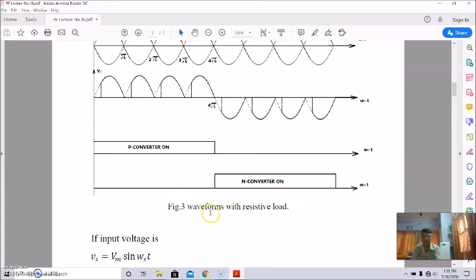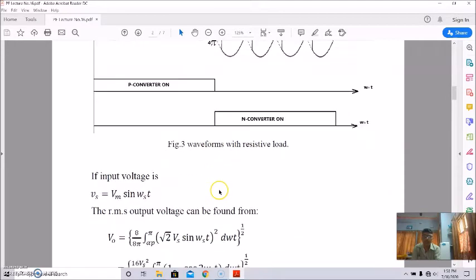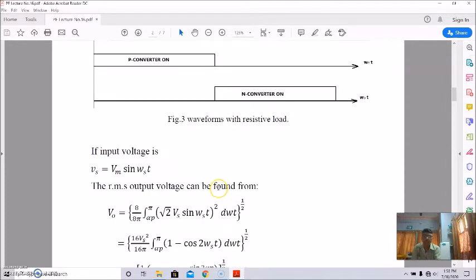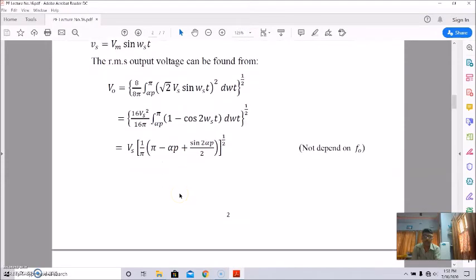This is the waveform with the resistive load, and we got the RMS output voltage value like this: Vs times the square root of 1 by pi, times pi minus alpha p plus sine 2 alpha p by 2, to the power half. So it does not depend on output frequency.